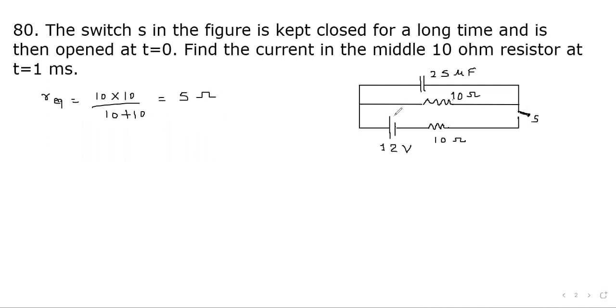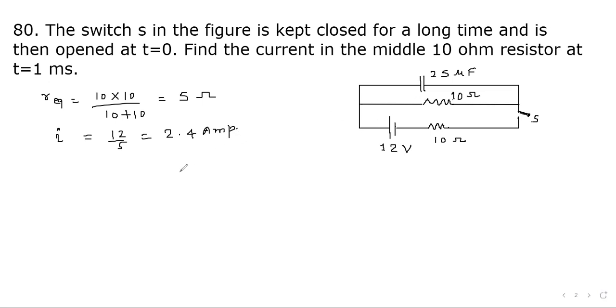Now, current I equal to 12 divided by 5, that is 2.4 ampere.